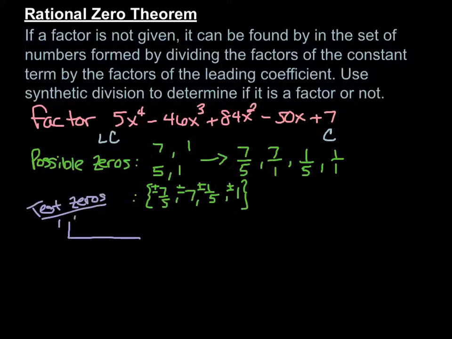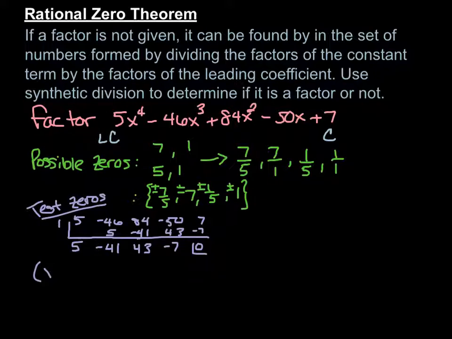So we got our coefficients 5, 46, 84, negative 50, and 7. Okay. So 1 is a factor.